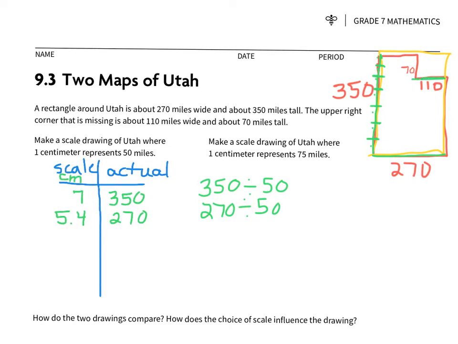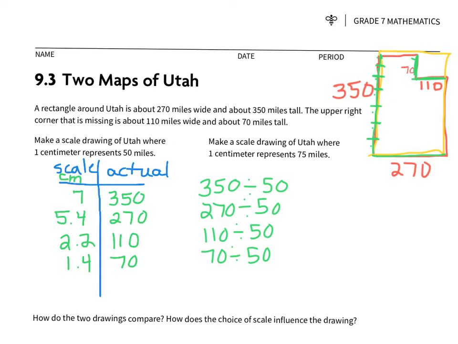This piece, that 110 miles divided by 50, gives me 2.2 centimeters. And then my 70 going up the side here, if I divide 70 by 50, would give me 1.4. And we do have two pieces that are missing, right?